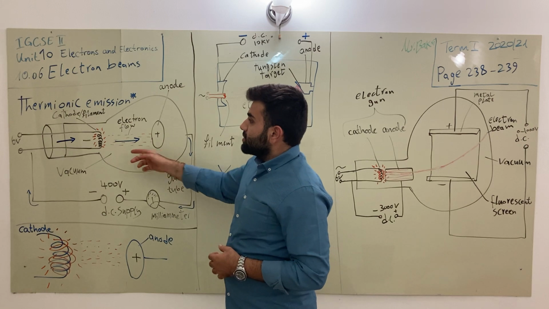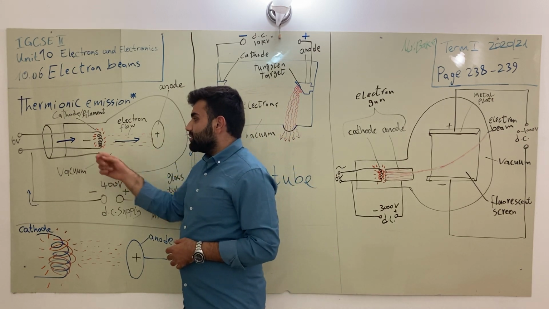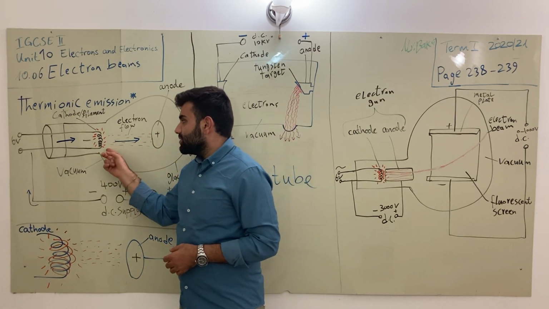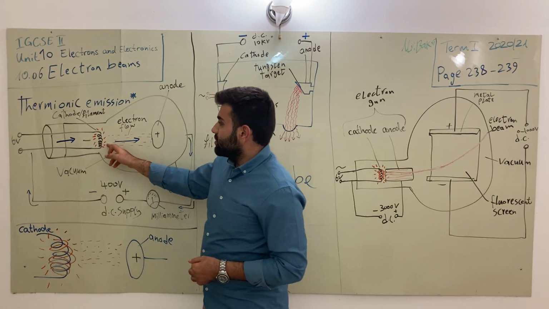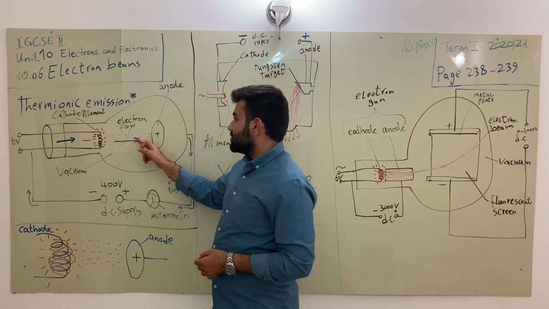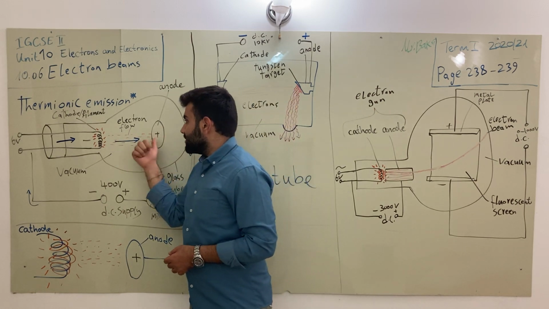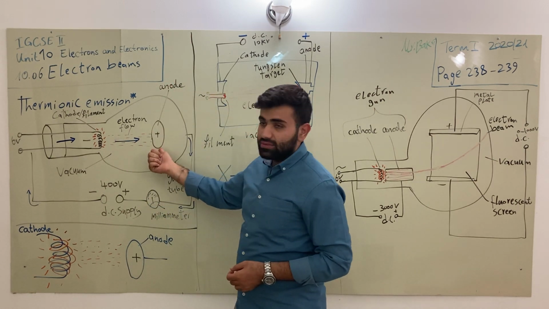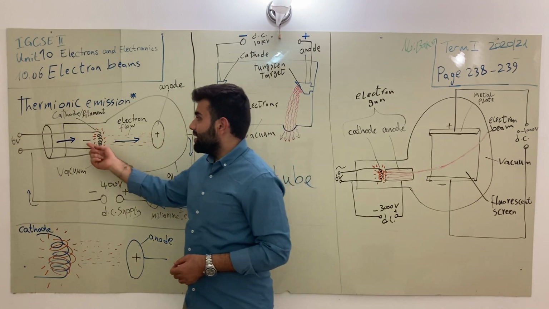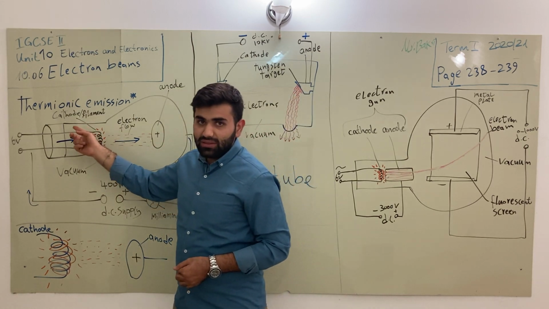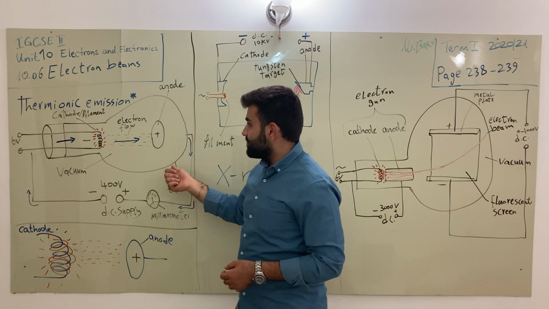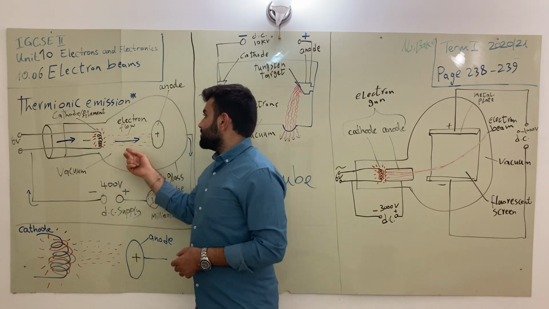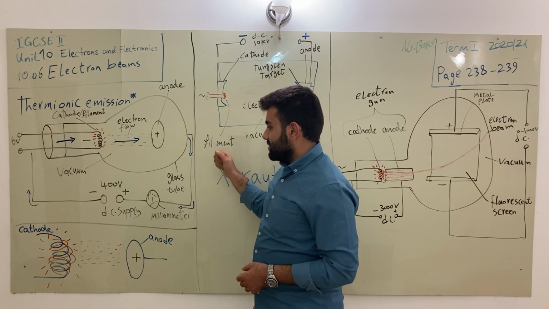So what's happening here, we're applying a voltage on this filament to warm it up. When it warms up, the electrons start going to the anode. We have the cathode, or the filament, which sends the electrons, and we have the anode, which accepts them.